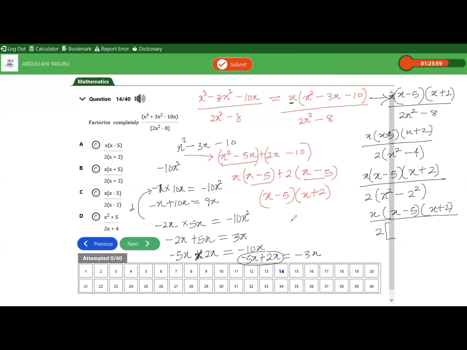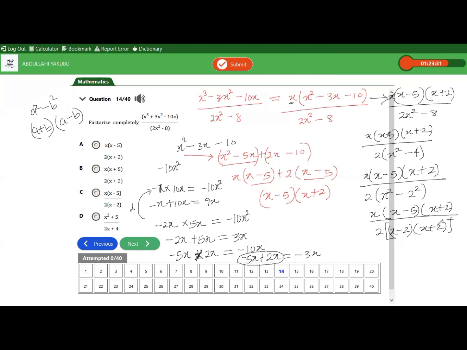If I have a squared minus b squared, it's the same thing as saying a plus b into a minus b. So in that case, this x squared minus 2 squared becomes x minus 2 into x plus 2.